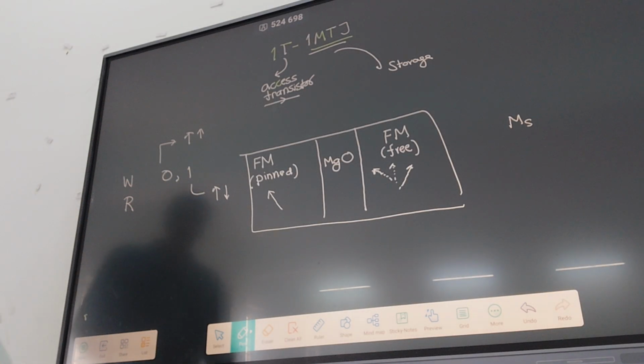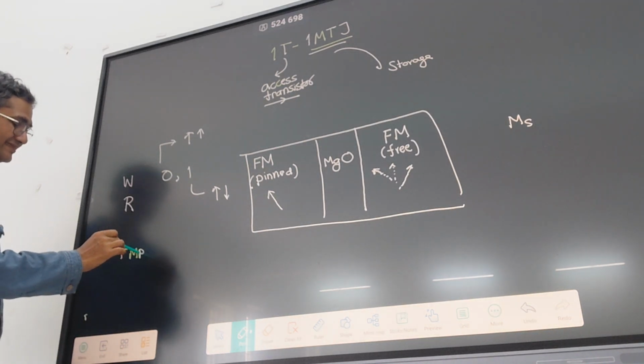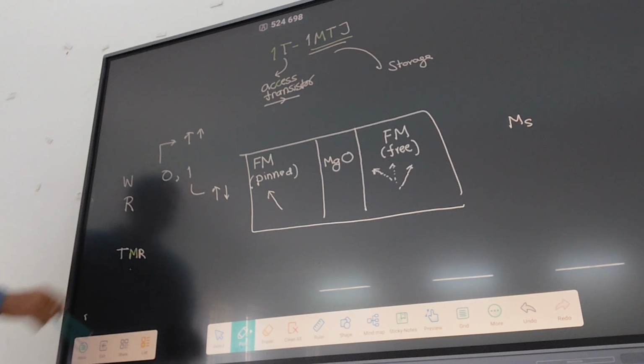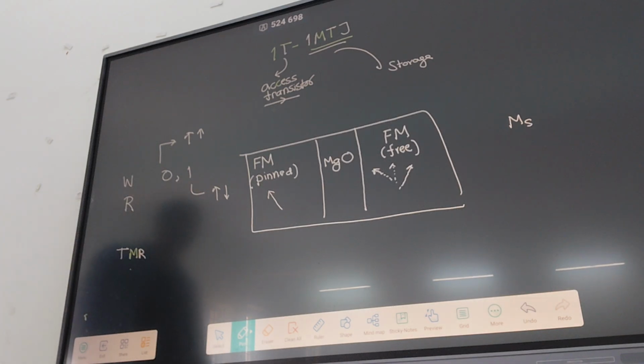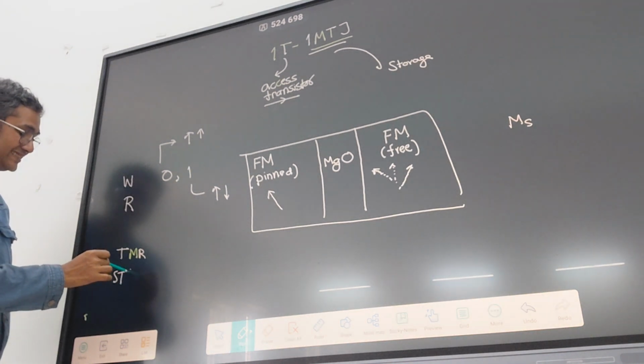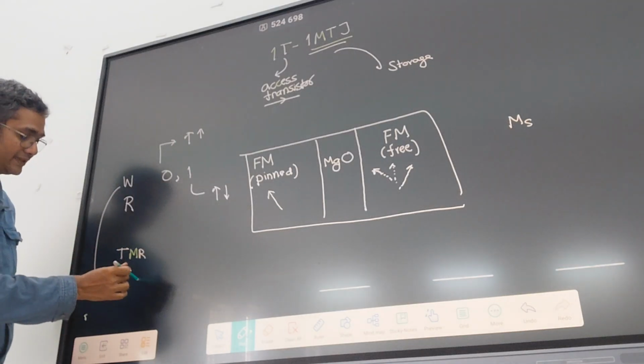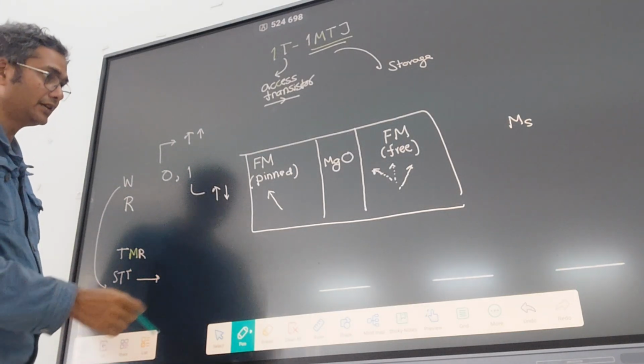So for reading you require TMR. Based upon that TMR, you can find out what is the resistance state, what is the reading state, and for writing you require STT. Writing के लिए तुमको STT चाहिए होता है because with the help of STT you are making the 0 and 1 change.